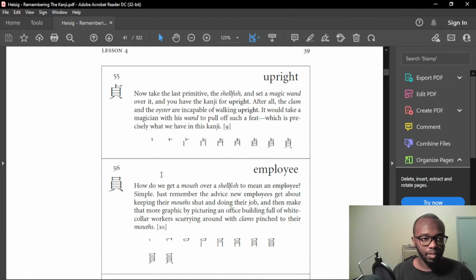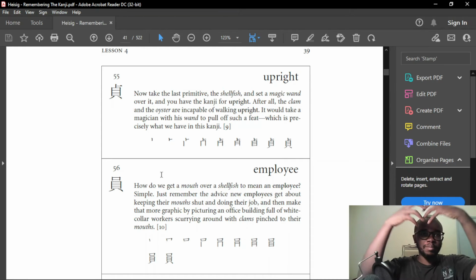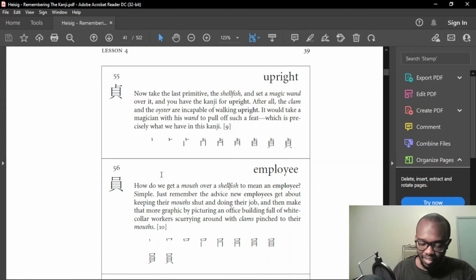So upright is basically the magic wand we had described. The divining rod. Divining rod is very cool. The divining rod. You had learned in lesson 3. So you see how these things fit together like a puzzle. So if you miss the first piece, you can't piece these other things together.